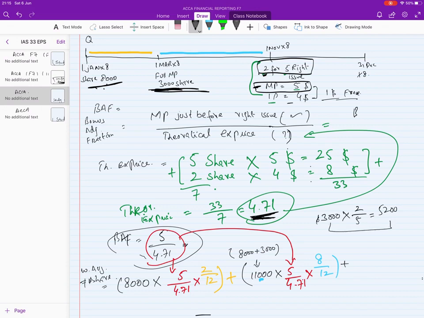So how much will you have now? If you add these two, you were having 13,000 shares before the issue, and you issued 5,200 more.